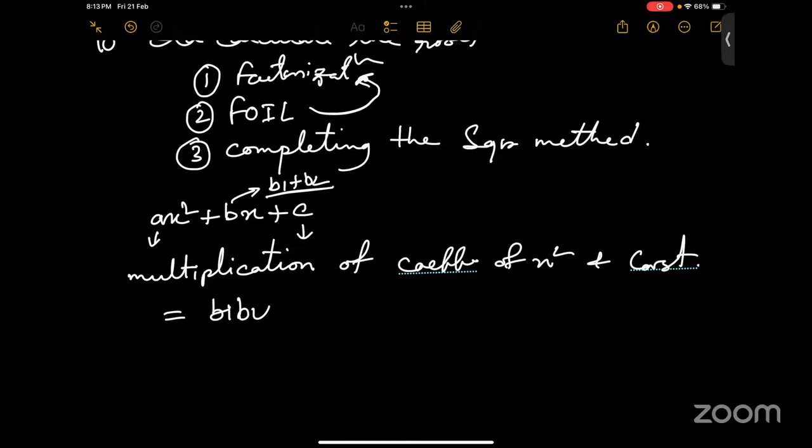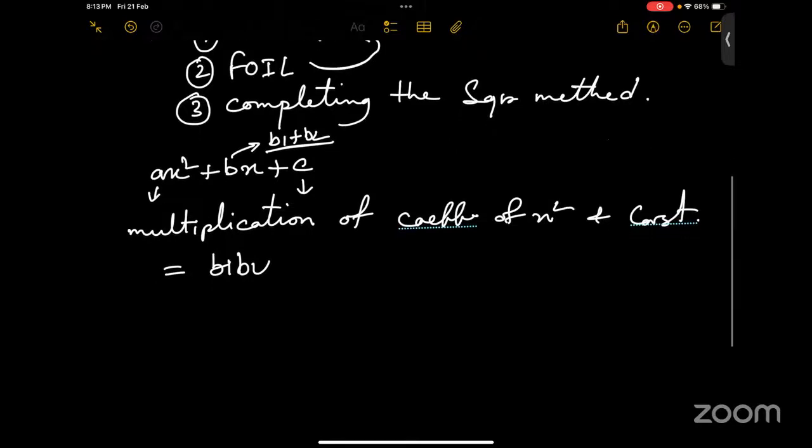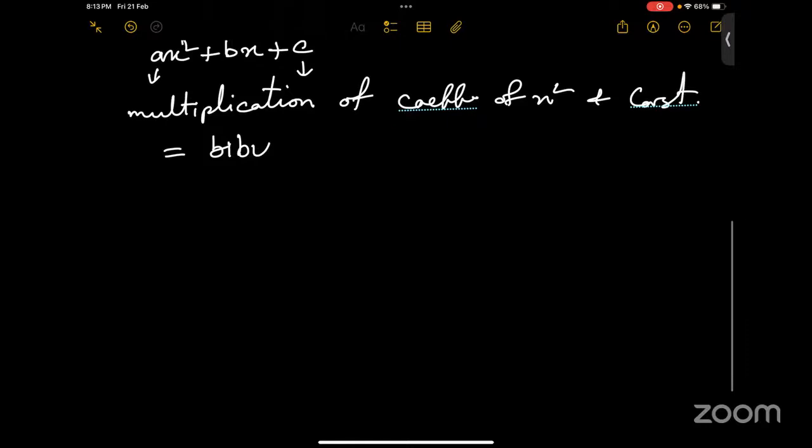That means we can break x into two different terms so that the multiplication of their coefficients will be equal to the multiplication of the constant term and the coefficient of x squared, right?